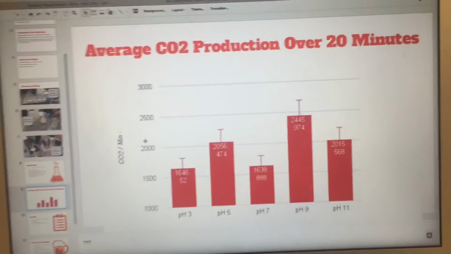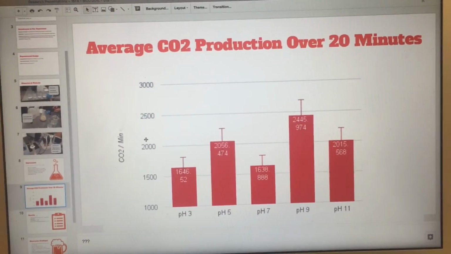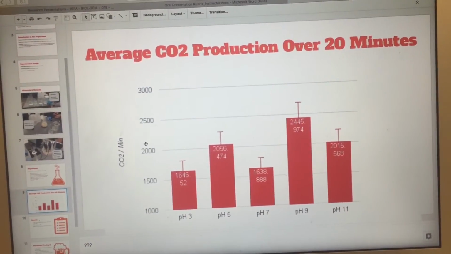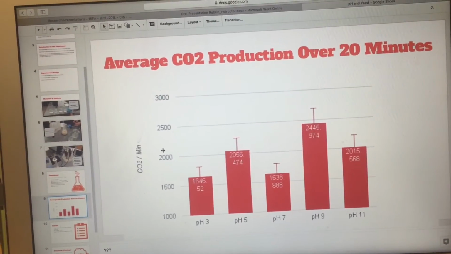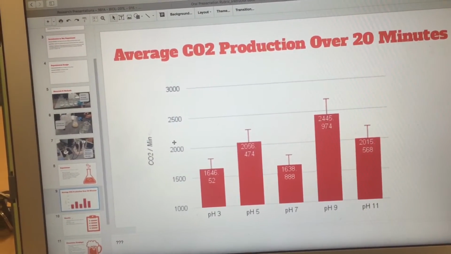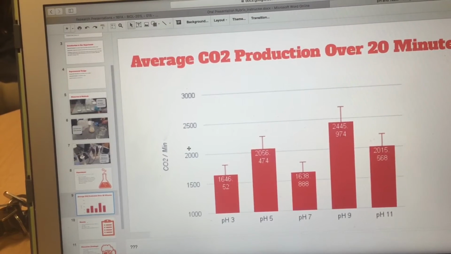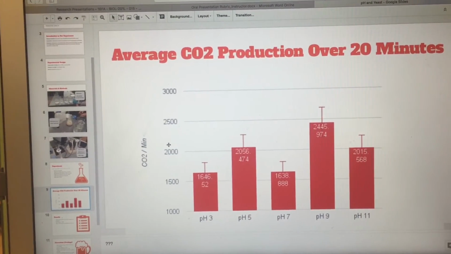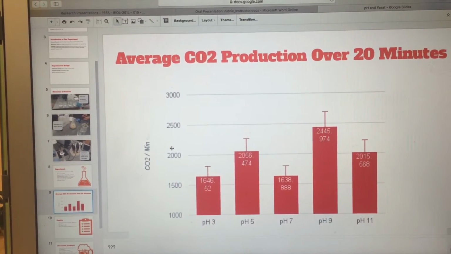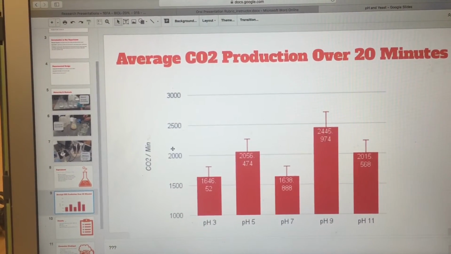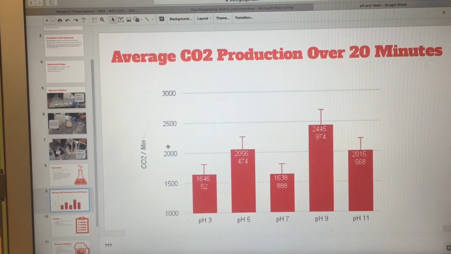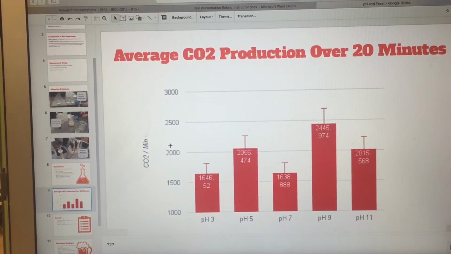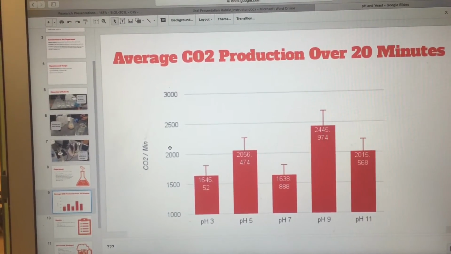Based on our findings, we saw that our pH of 3 gave us a 1646.52 output. Our pH of 5 gave us a 2056.474 output. Our pH of 7 gave us 1638.888 output. Our pH of 9 gave us 2445.974. Our pH of 11 gave us 2015.568.